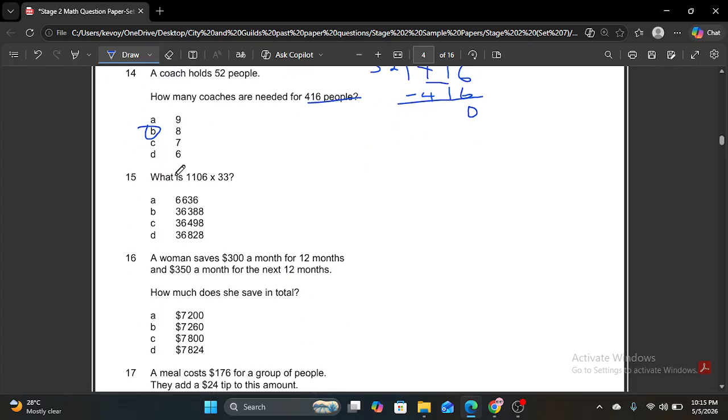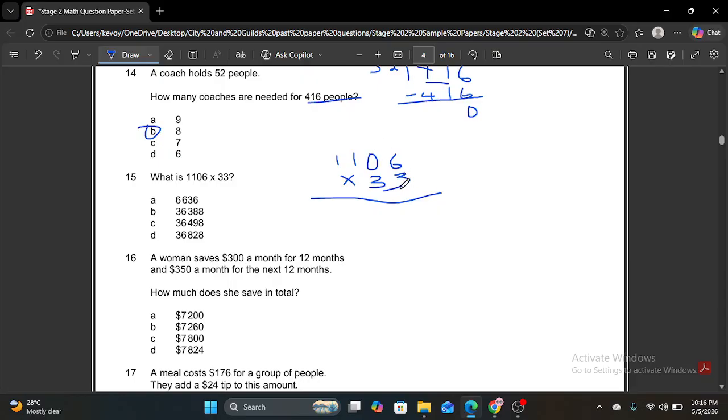So we have 15. What is 1106 times 33? So let's move quickly on this. 1106 multiplied by a 2-digit number, 33.